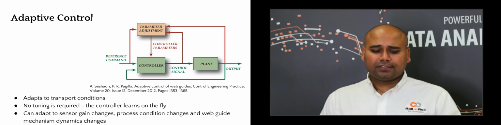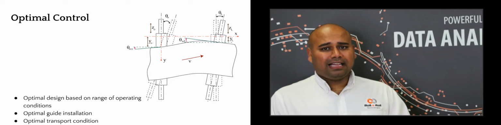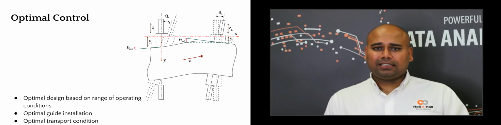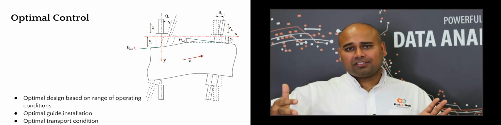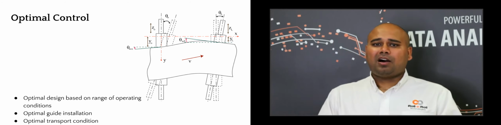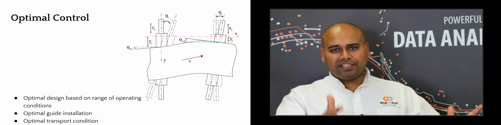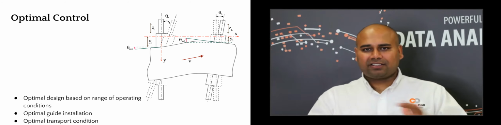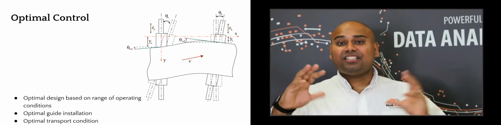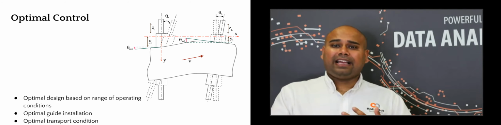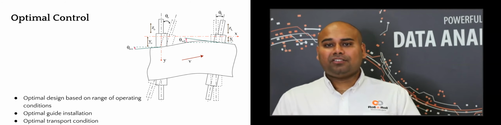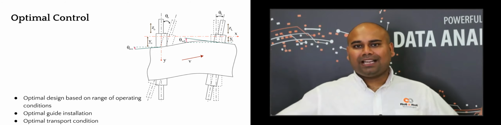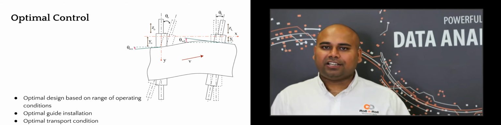Another way of doing this is called optimal control. In this case, if you know the different conditions in which your web guide is going to be operated under, with all the different materials that you're going to run, all the different transport conditions, and all the different installations if you have to, then an optimal controller, a fixed gain controller, can be designed so that it works best under all of these different conditions.